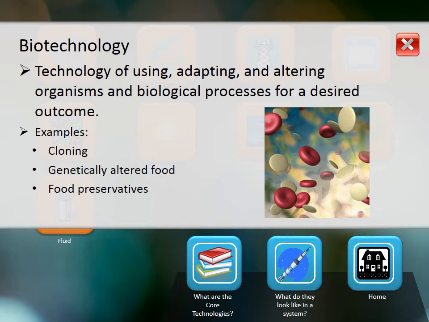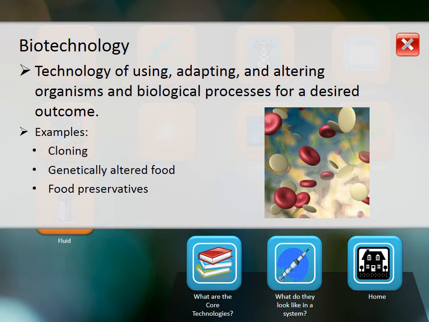Now, biotechnology: you're using, adapting, and altering organisms and biological processes. Cloning. What was the first animal that was cloned? Okay, Dolly the sheep. That would be biotechnology. You're genetically altering your food.